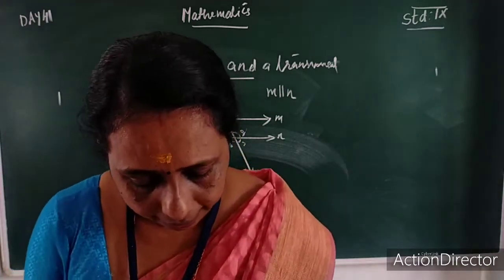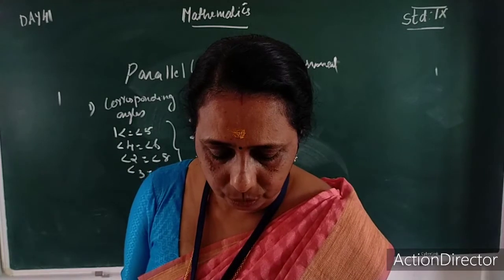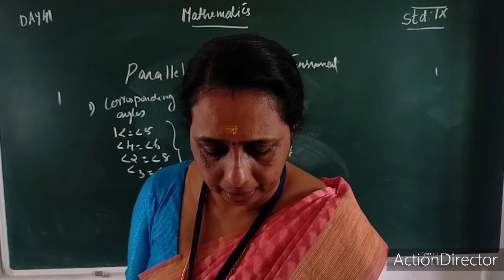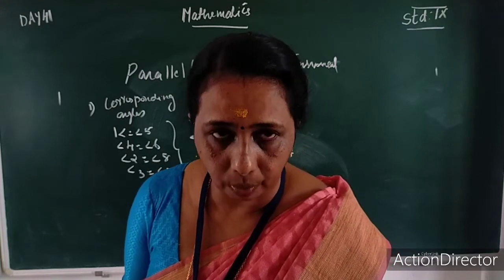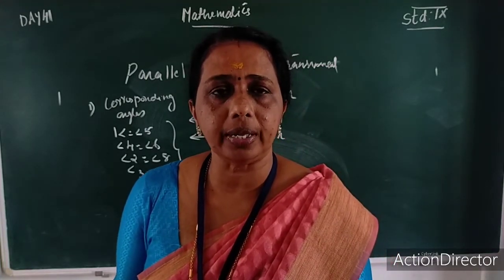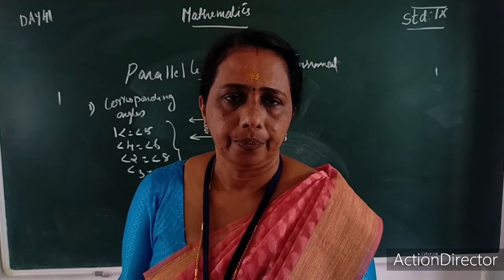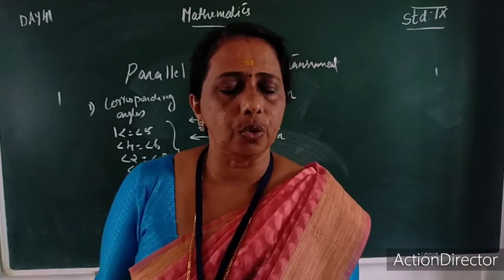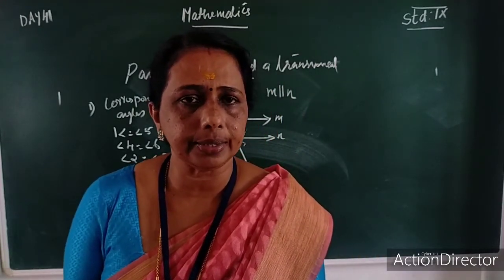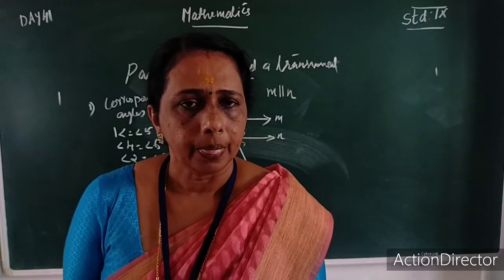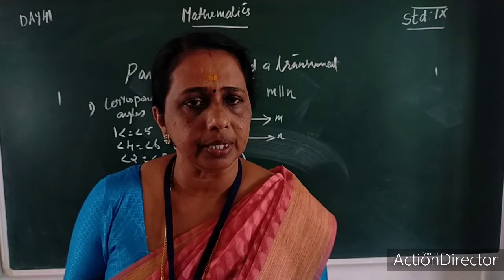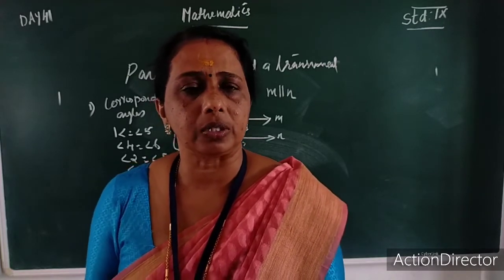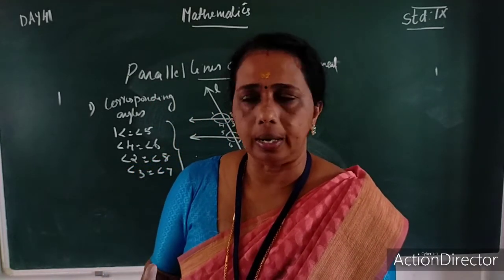Take your textbook, axiom 6.3. If a transversal intersects two parallel lines, then each pair of corresponding angles are equal. This is called the corresponding angles axiom. When two parallel lines are intersected by a transversal, 4 pairs of corresponding angles are formed and each pair of corresponding angles are equal.